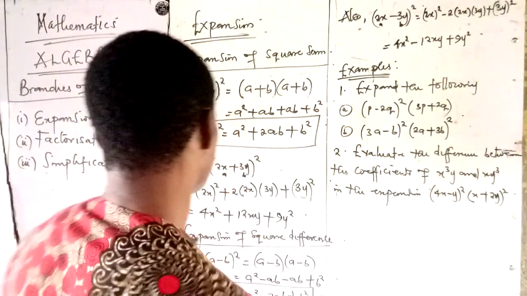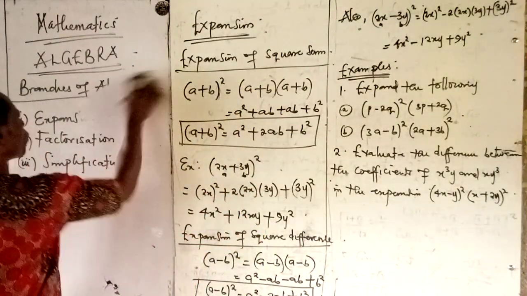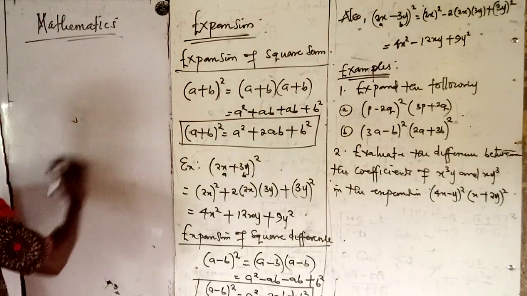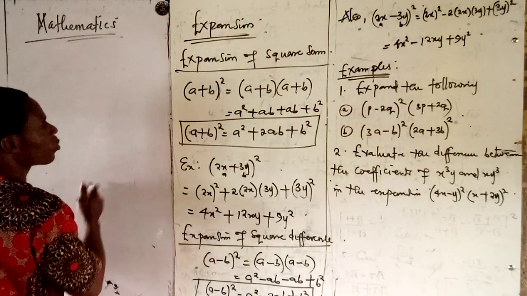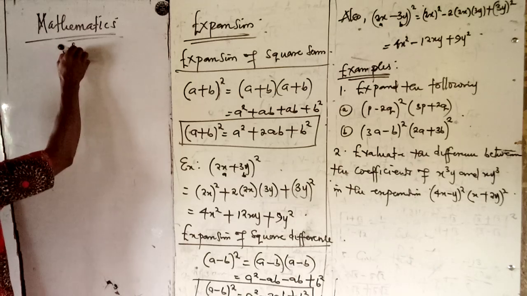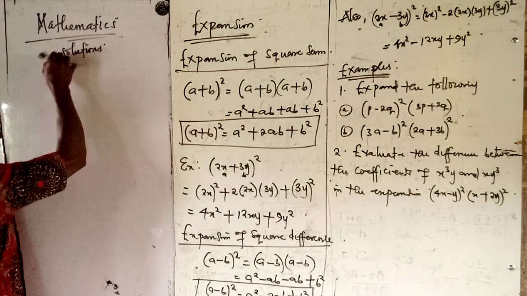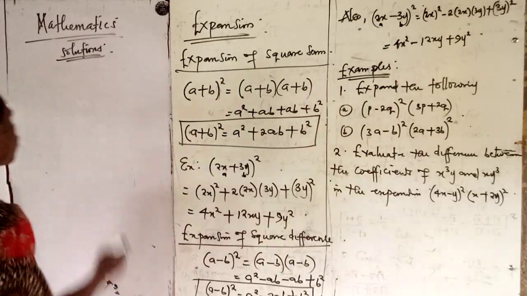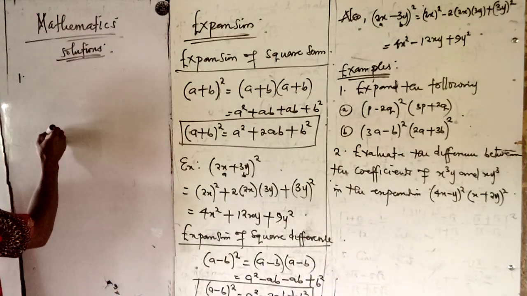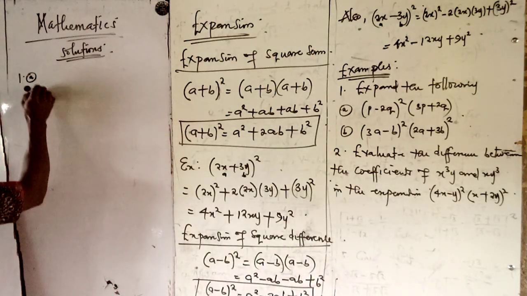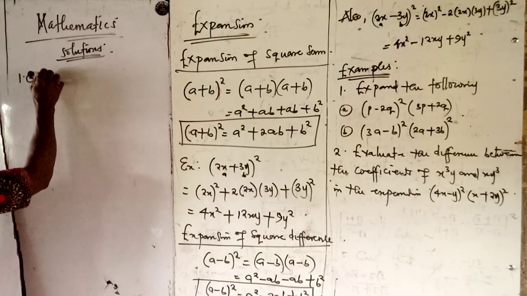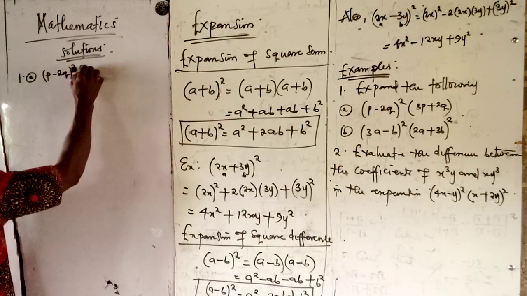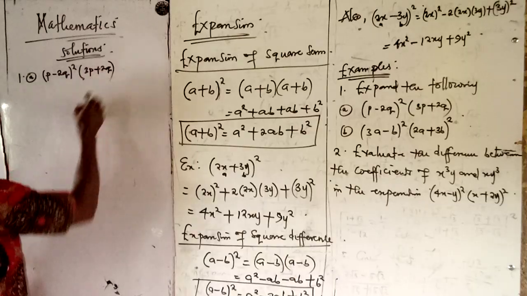Okay, now solutions. Now, question 1. We have to expand A. This is 1A: p minus 2q all squared, 3p plus 2q.